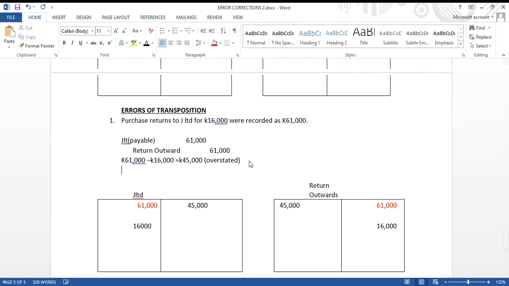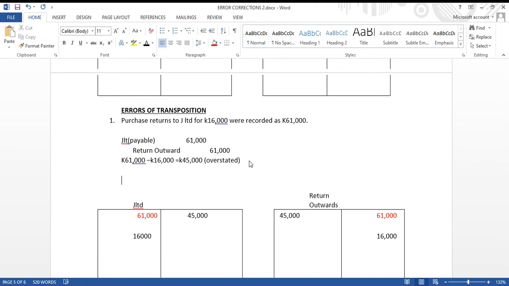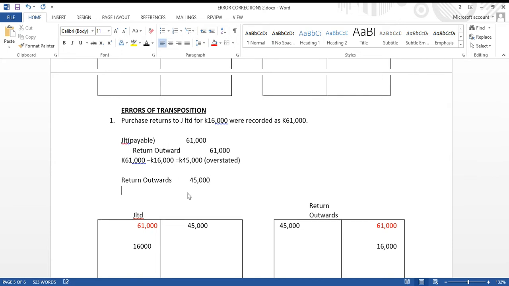The general entry to fix this error of transposition is we're going to debit return outwards 45,000 and credit J Limited 45,000.